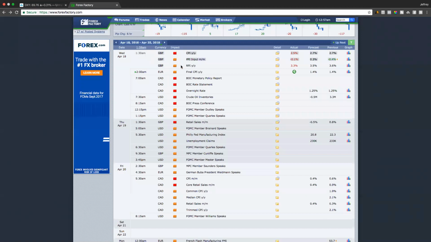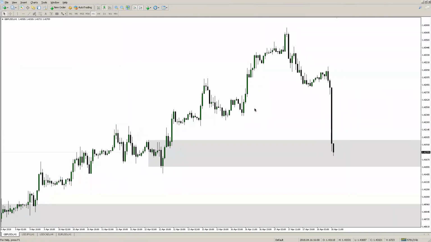So I chose to go with GBP USD as my trade for the night. And that's what we were watching, but we never had a clear setup yet, so we never entered the market. That's how I pick my pair to focus on for the day.